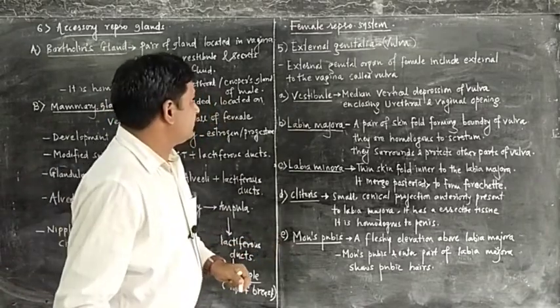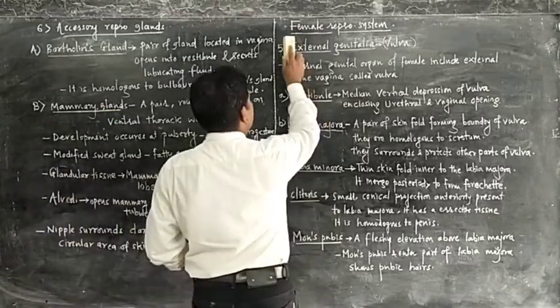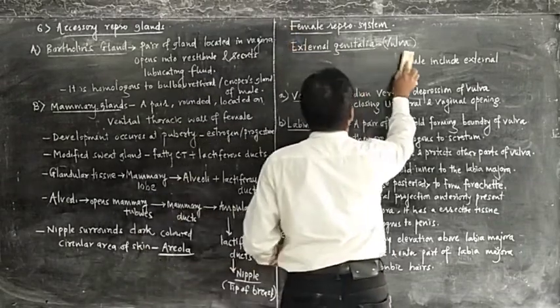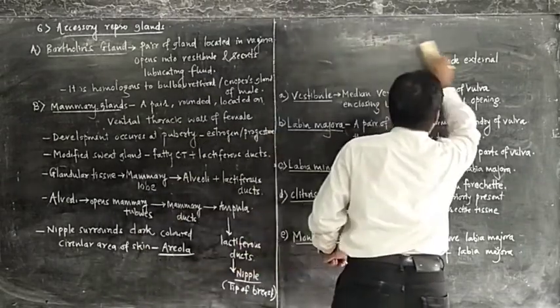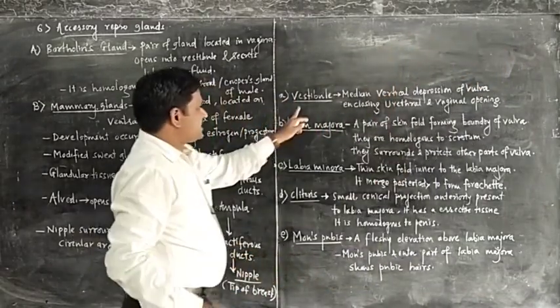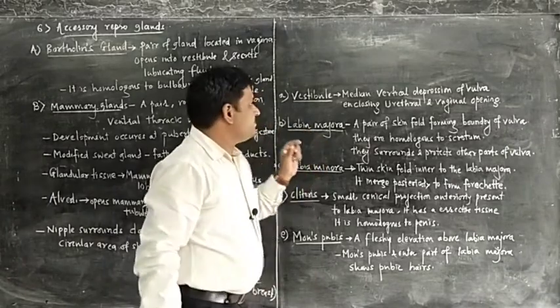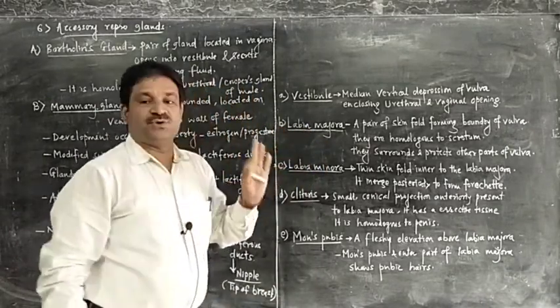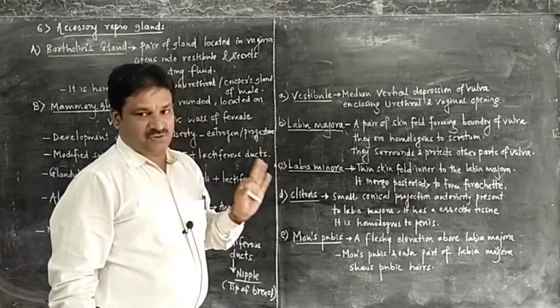First of all we see the figure or the diagram of this external genital organ. Now see, the first part is the vestibule. This vestibule is the median vertical depression of the vulva enclosing the urethral and vaginal opening.